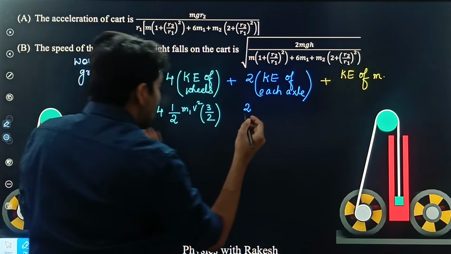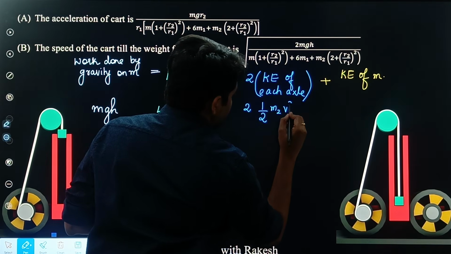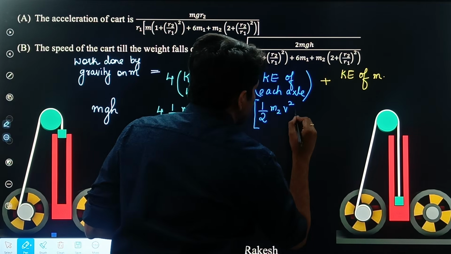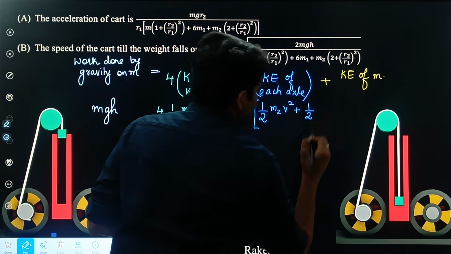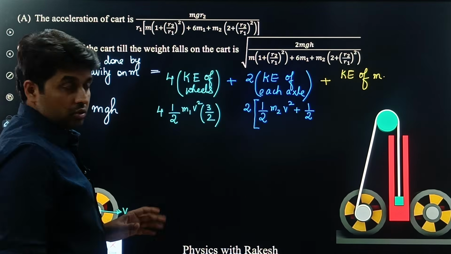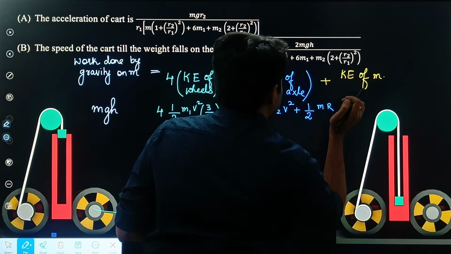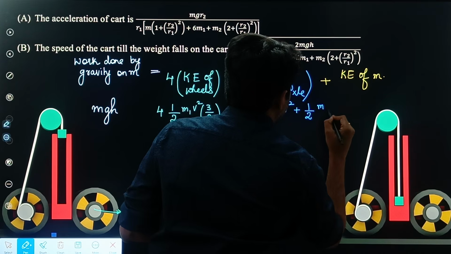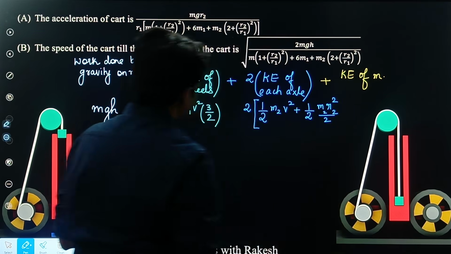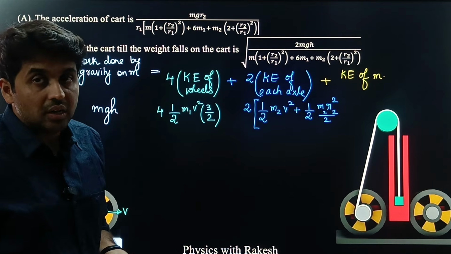So we can write this as half m2 v square, which is the translational kinetic energy, plus half I omega square. What is the moment of inertia for a solid cylinder? It is mr square by 2, so m2 r2 square by 2 into omega square.